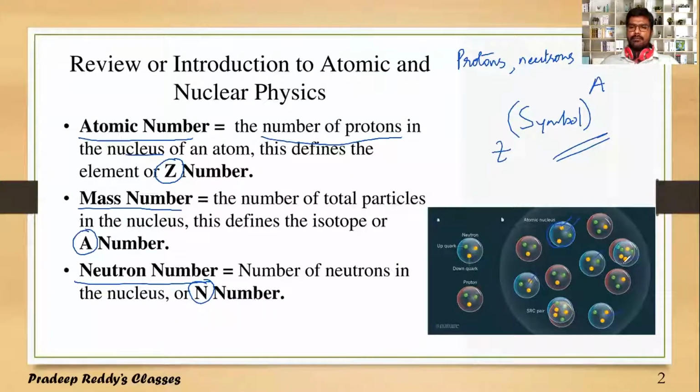Based on the number of protons, you write the atomic number Z. Likewise, along with protons, there are other constituents present within the nucleus, say neutrons. A neutron is also made up of 3 quarks. The quarks are subnuclear particles of the nucleon. So the total number of protons and neutrons sum up to give the mass number A. Mass number is the sum of all the protons and neutrons present within the nucleus.